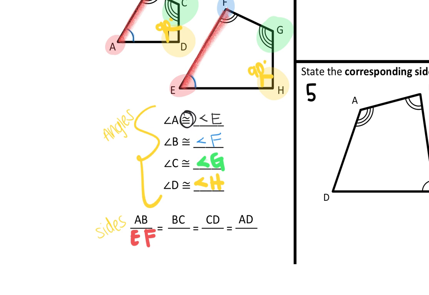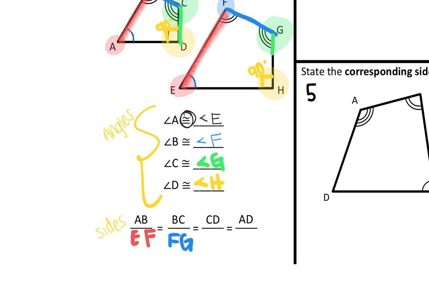Okay, so for B to C, let's do it in blue. B to C, I went from the left to the right. So I'm going to do the same thing. So F to G. Okay, and then C to D, I'll do that in green. I went up, down.